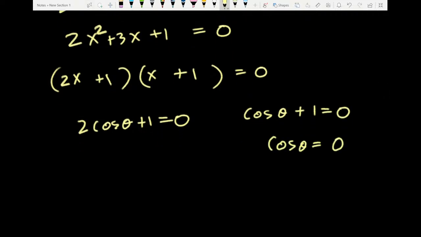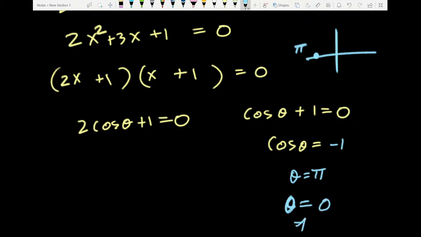Cosine of theta gives you negative 1 for what? When does that happen? When it's at positive pi. So theta is equal to pi. And 0 doesn't work because at 0 you get positive 1. And cosine of theta is equal to negative 1/2.